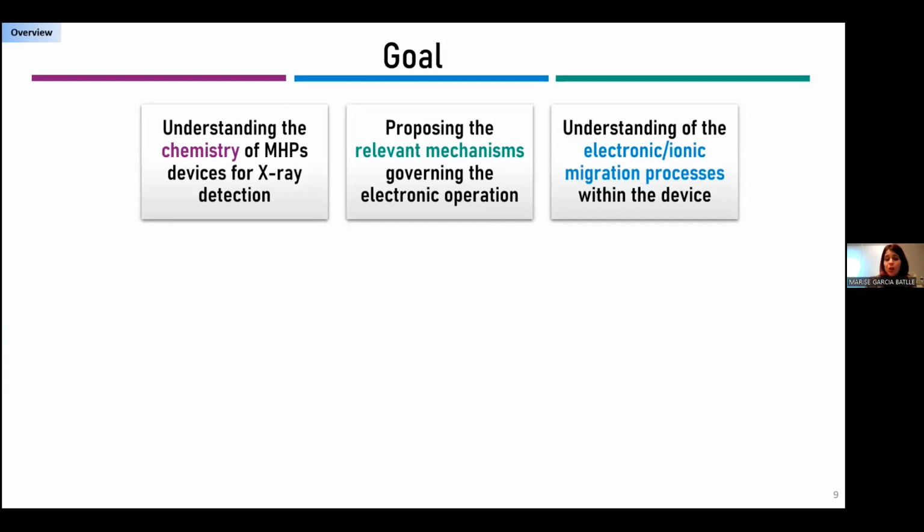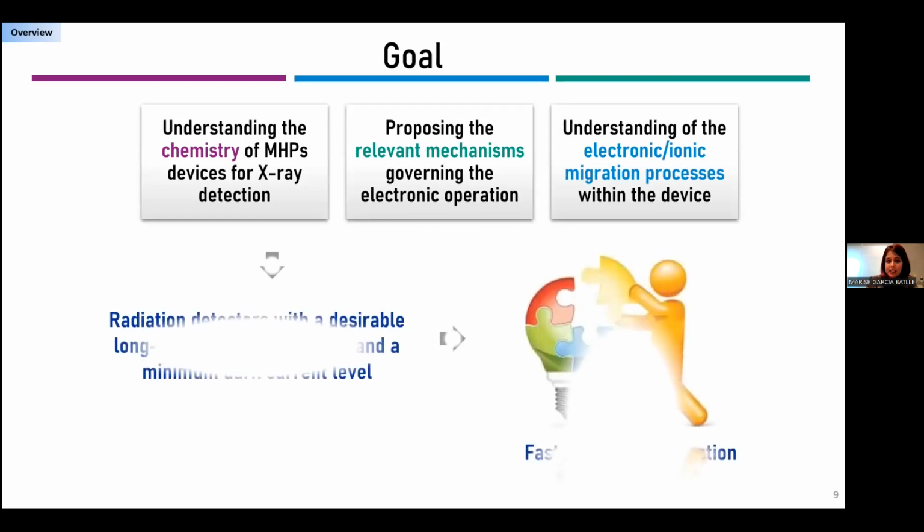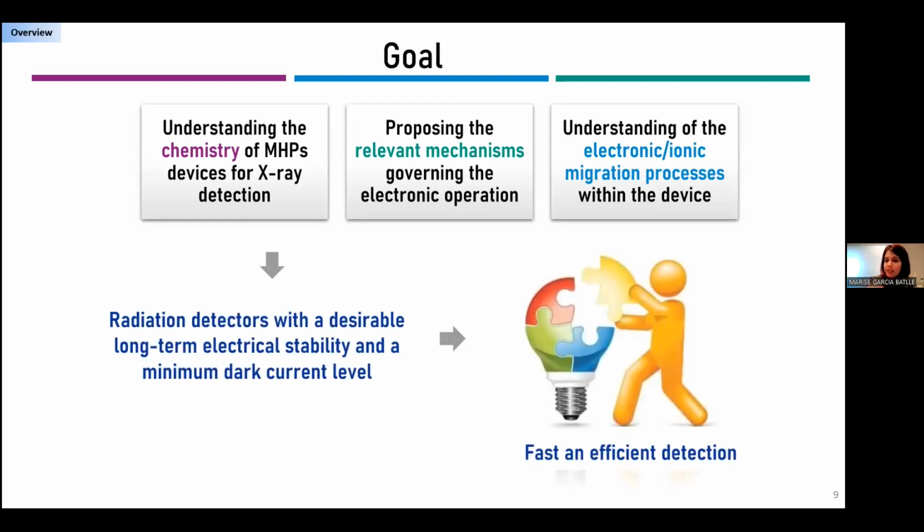So the goal is to summarize the understanding of the chemistry of these metal halide perovskites, some mechanisms governing the electronic operation, and of course, how the electronic-ionic migration process may affect the dark current stability and the long-term electrical stability of the device.